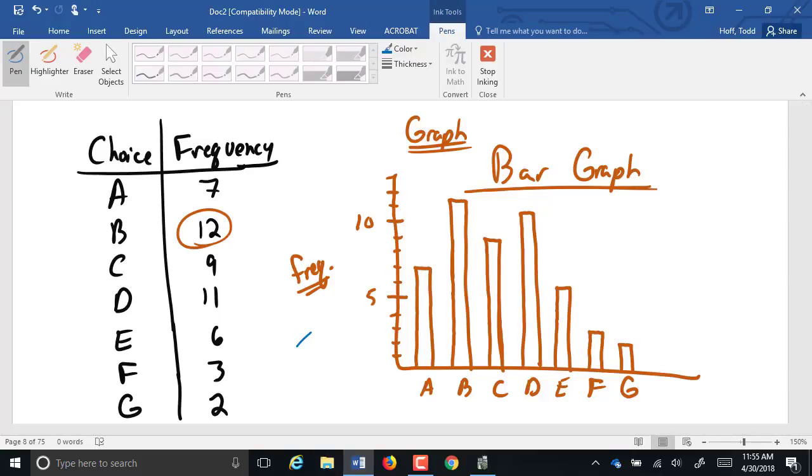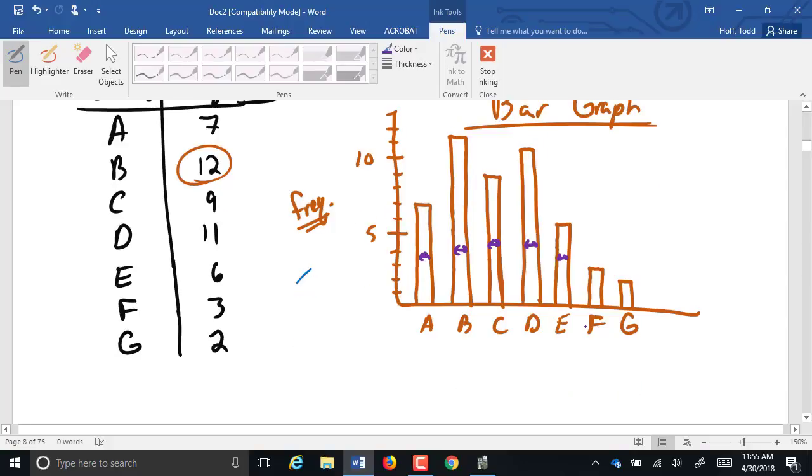Second thing you'll note, I didn't do a great job of it, but I tried to be careful to make sure that all the bars were exactly the same width. Wasn't terribly consistent, but I stayed pretty close. The reason for that is it could be very deceiving. I might, rather than keeping them the same, do B like that and D like that.